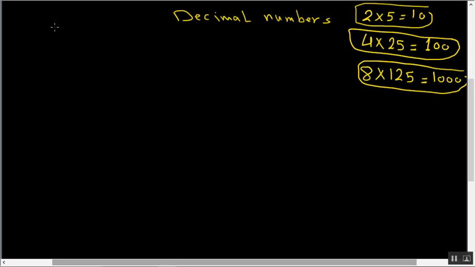Here we have fractions. Here he said one half. If we want to convert a fraction to decimal form, we must make the denominator 10 or 100 or 1000 or 10,000 and so on. Here we have 2, and 2 to be 10, we said 2 times 5 equals 10.